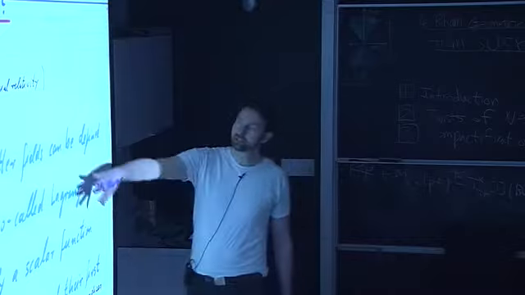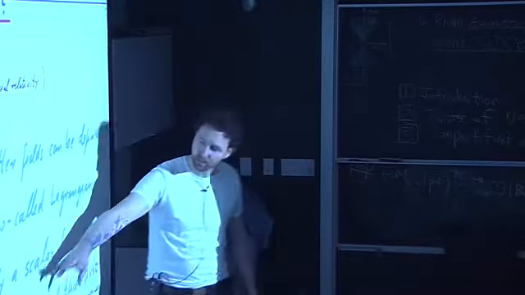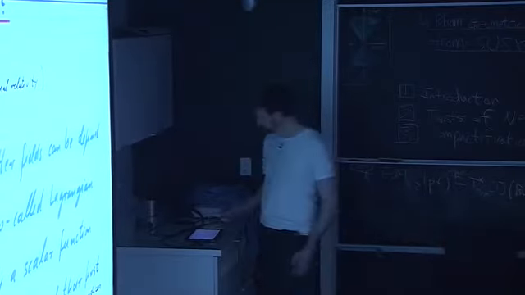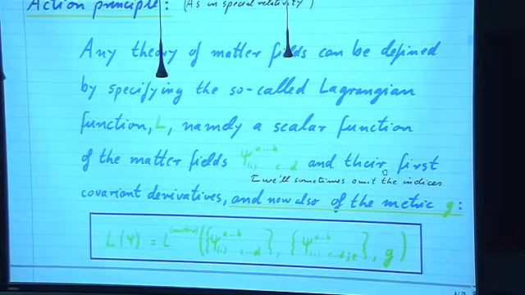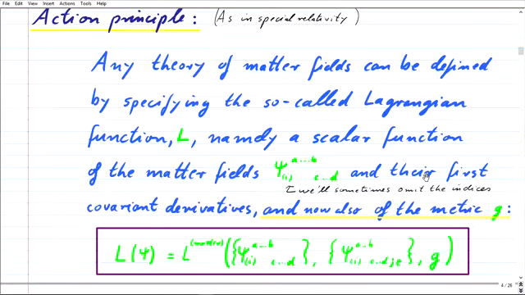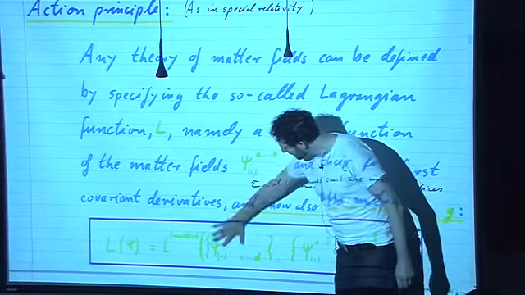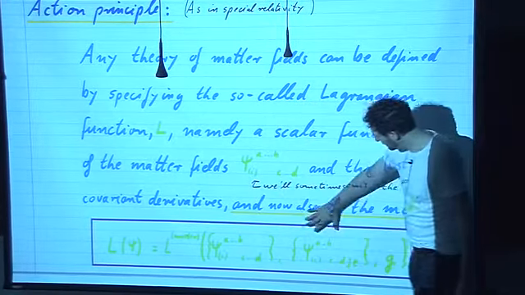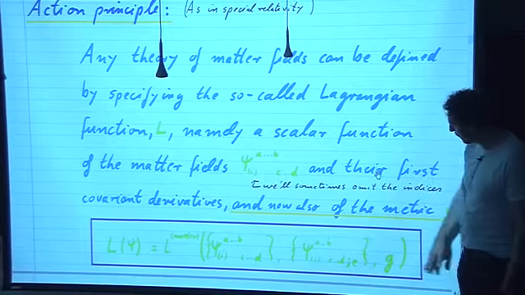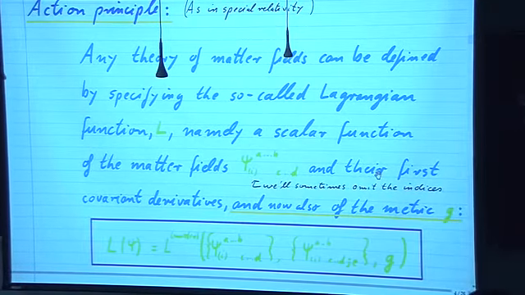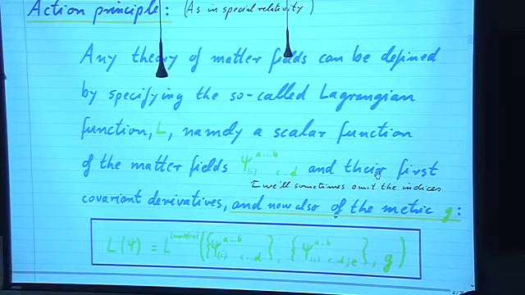But we want the Lagrangian function L to be scalar. So eventually all the indices have to be contracted so that what comes out of this is a scalar. So overall, the Lagrangian of our theory will be a function of the matter fields and their covariant derivatives, and it will also include the metric in general, because all those indices need to be contracted.